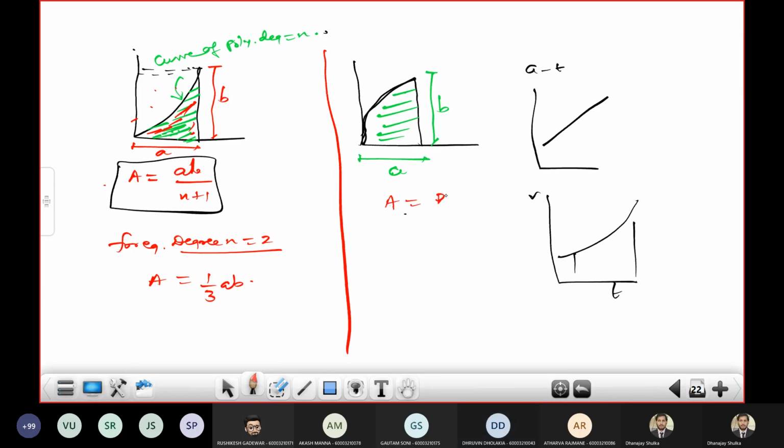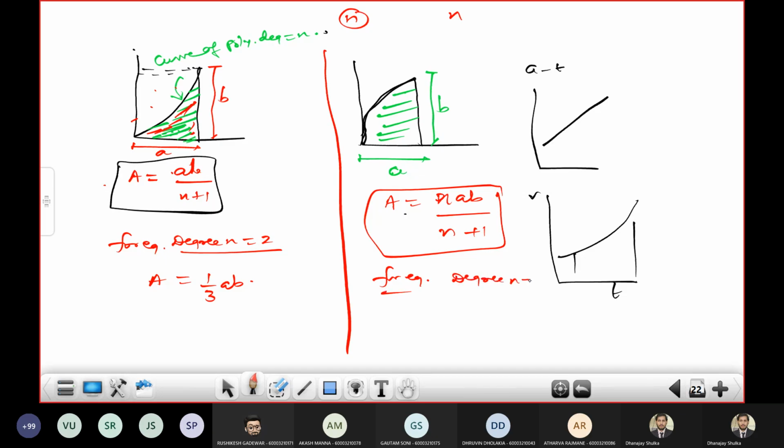So I can write this in general way as n/(n+1) times AB. Out of the total n, I removed 1, so what is left? Here the degree of the polynomial is n, so the degree to be considered becomes n plus 1. For example, if degree n is equal to 2, the area for this will be 2/3 of AB.